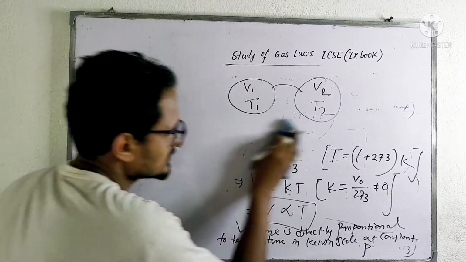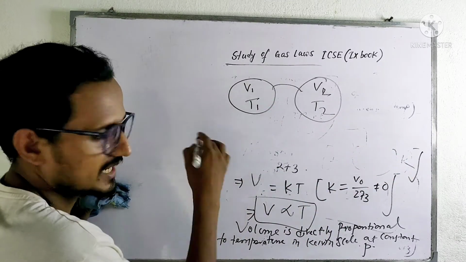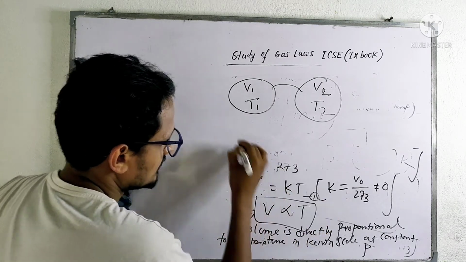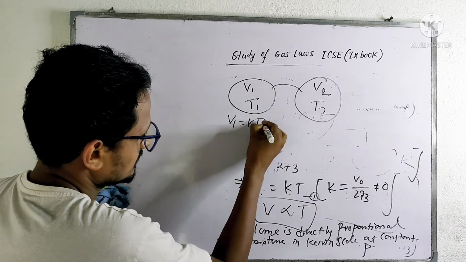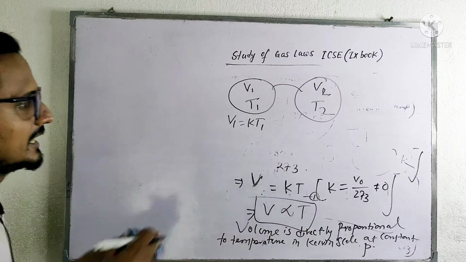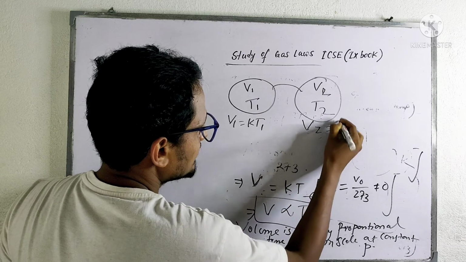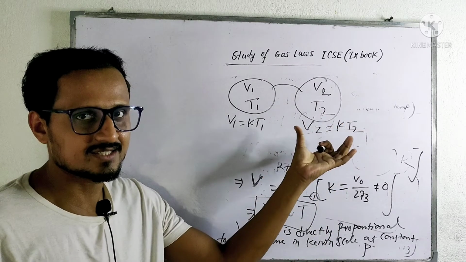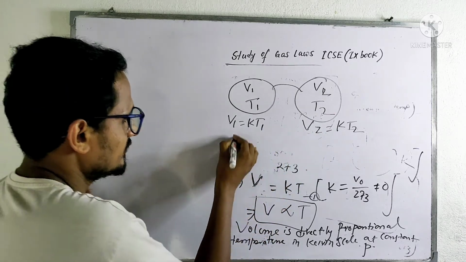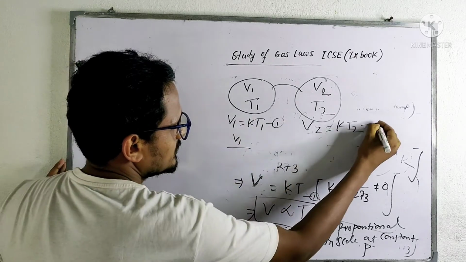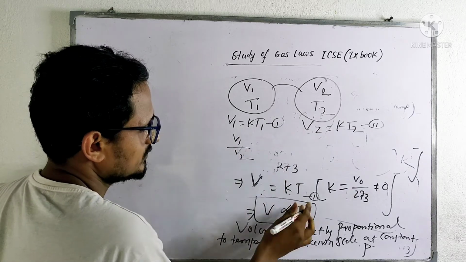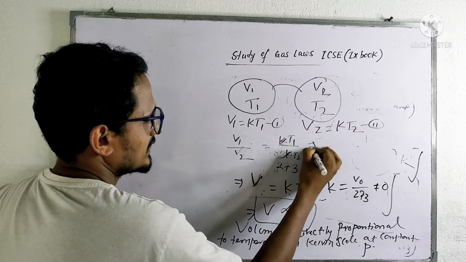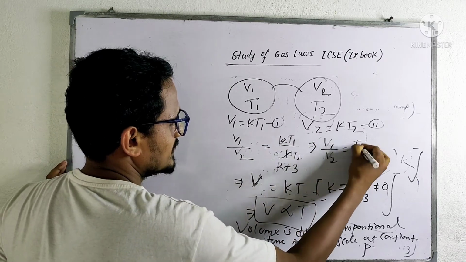According to Charles law, for this enclosed gas, V1 equals KT1, and V2 equals KT2. If you want to compare the different states, we can divide V1 by V2. V1 by V2 equals KT1 by KT2, so you can write V1 by V2 equals T1 by T2.